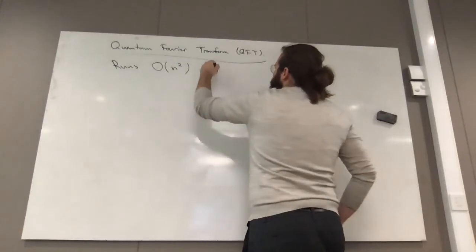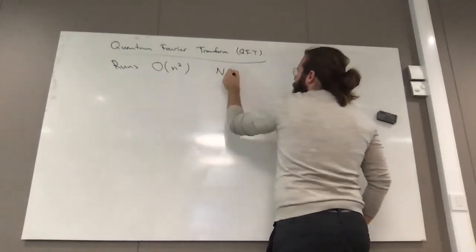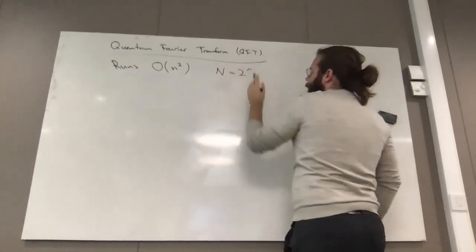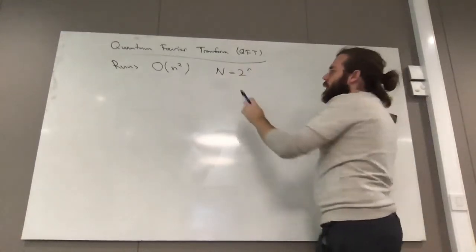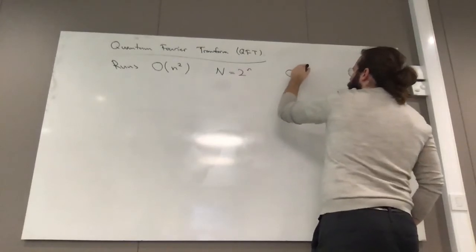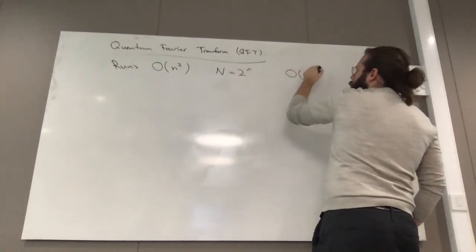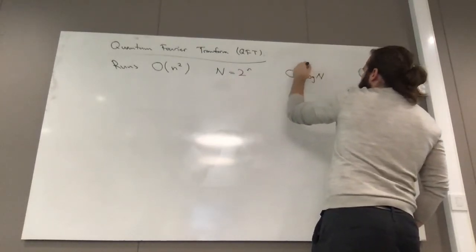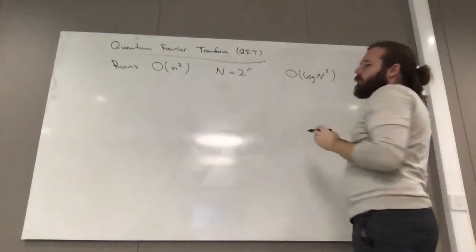So if big N is the number itself, it is written with 2 to the n bits, right? So in relation to the number itself, it runs in order log big N squared.